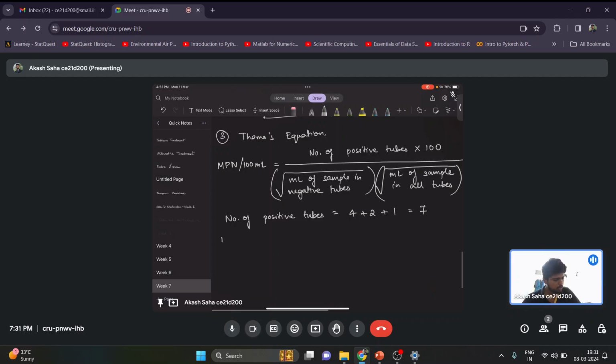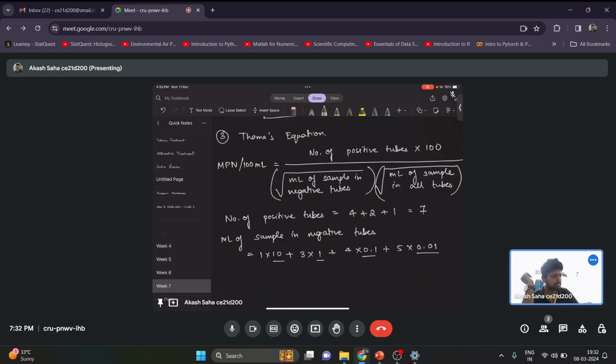Now the ml of sample in negative tubes will be 1 into 10 plus 3 into 1 plus 4 into 0.1 plus 5 into 0.01. So this 10, 1, 0.1, 0.01 are my sample volumes.